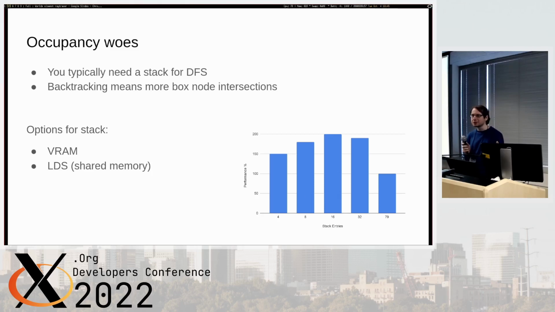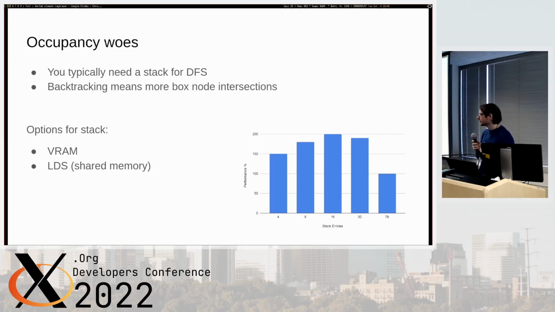And with the sorting, it turns out the easiest way to go to the next child is to do the intersection test again and just get the next child of that list. The problem with that is now you're doing 2x the intersection tests. So ideally, we keep with the stack.